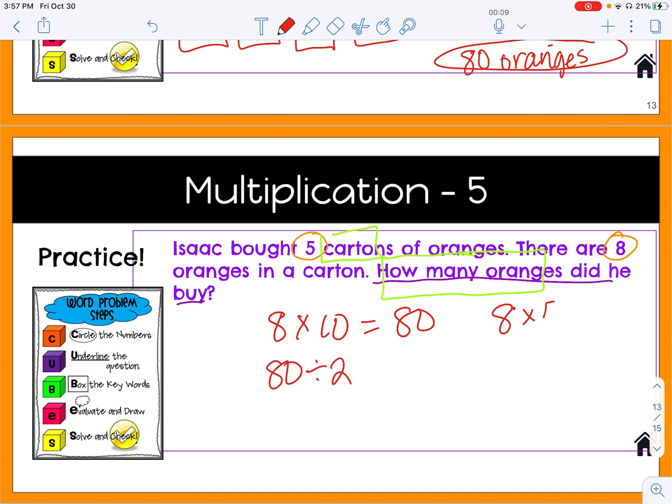Because now I'm going to do half. Now it's a 5. So 80 divided by 2, you can think of what plus what equals 80. And if you know what 4 plus 4 is, you know what 40 plus 40 must be, 80. So 8 times 5 is 40, but I'm not going to stop there.